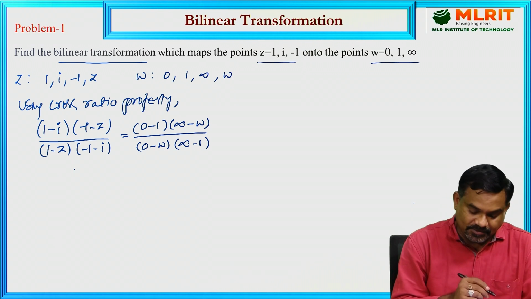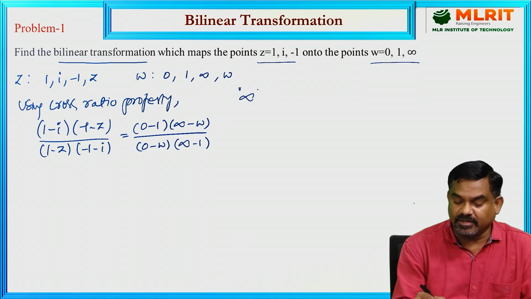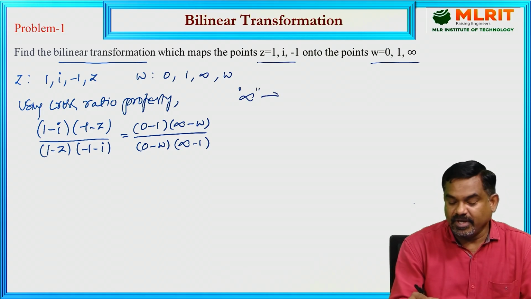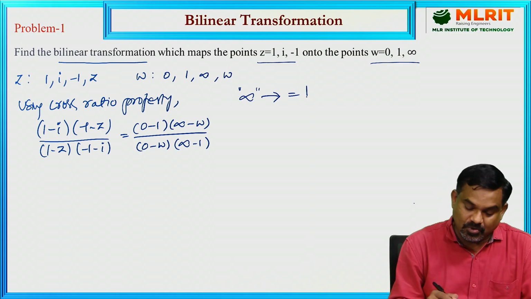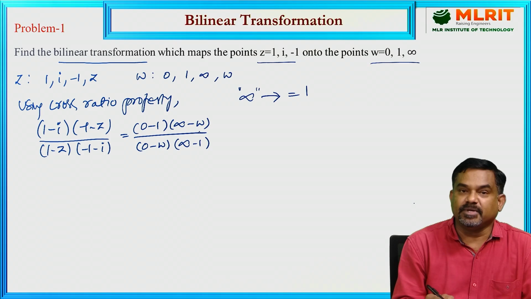Here there is one more important point. If any ratio involves the infinity term, then we consider that ratio equal to unity, 1. So here (infinity minus W) by (infinity minus 1) becomes 1.